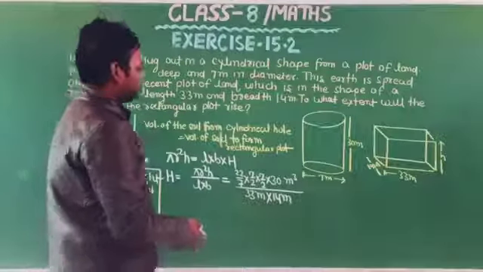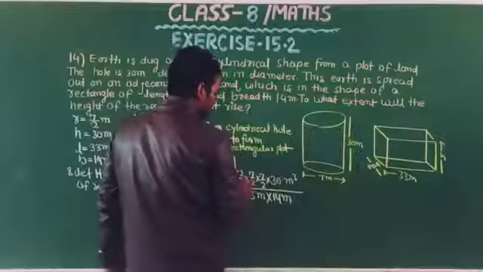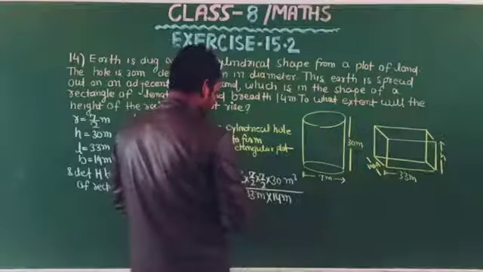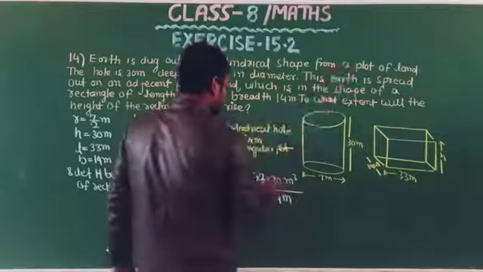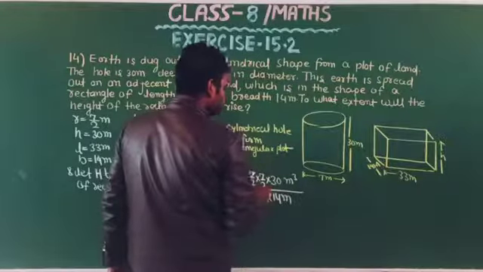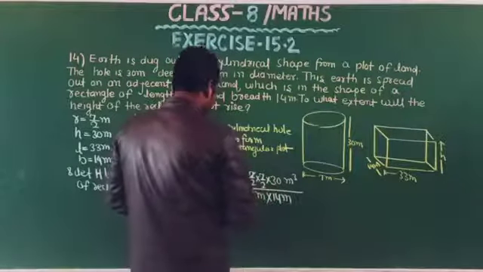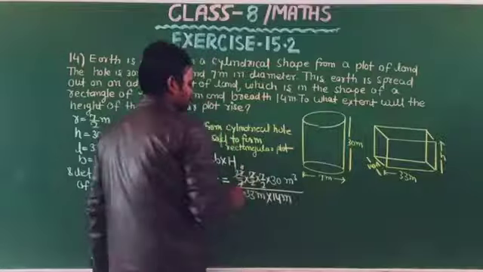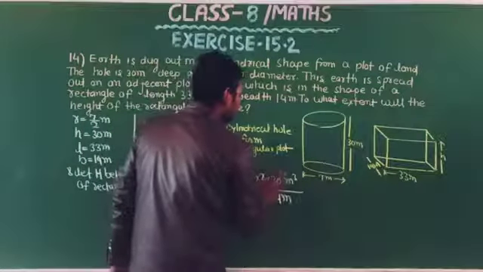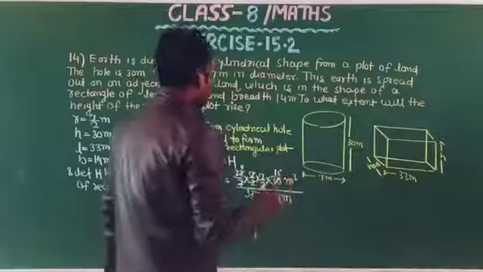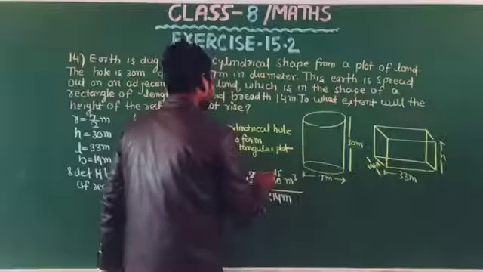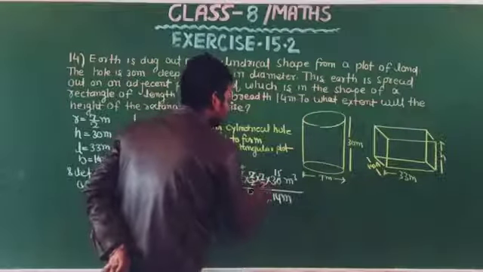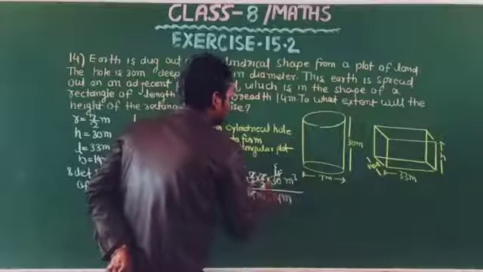Then we simplify this expression. Here 7 cancels out, and 2 into 11, and 30 is 15 times 2. 11 times 3 are 33, and 3 times 5 are 15, 7 times 2 are 14.